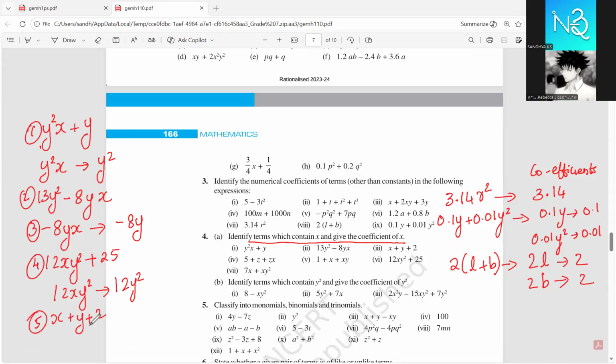This is addition, right? x plus y plus 2 means x is one term, y is one term, 2 is one term. So the term which contains x is x only. Coefficient is, if there is no number, 1 will be the coefficient. 1 into x is the meaning. So 1 will be the coefficient. Clear? Okay. Write it down.